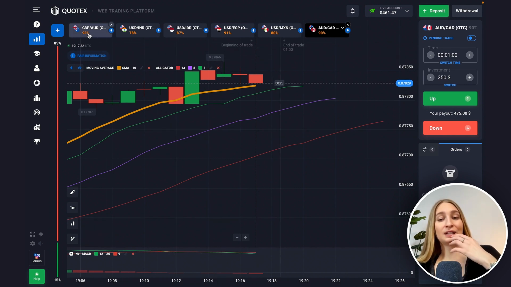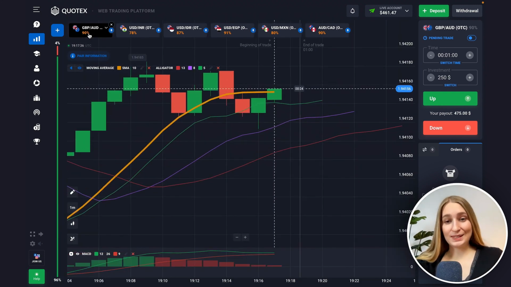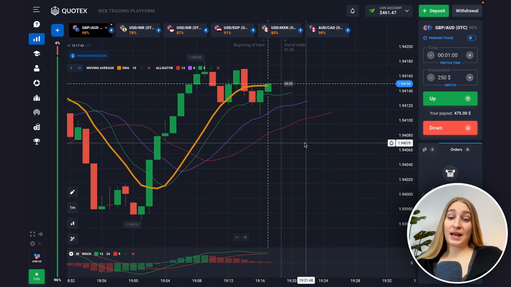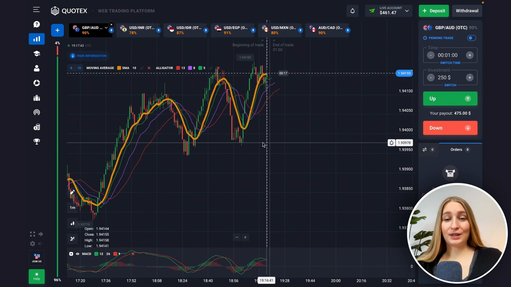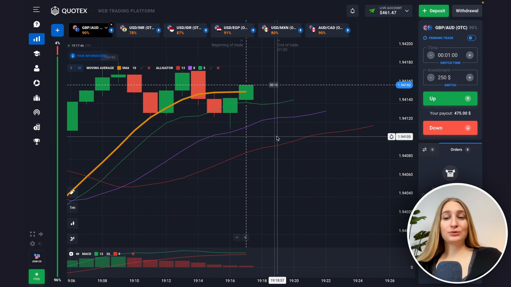And okay, let's go to another currency pair, to the first one. So let's see, okay, pretty volatile. I remember the situation, and let's see what I can do here. Okay, I'm not really sure.